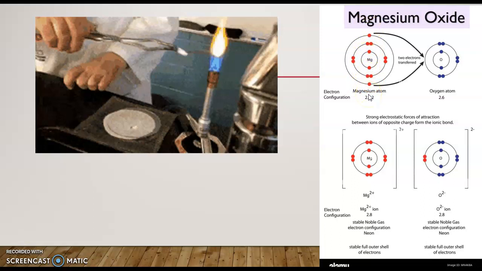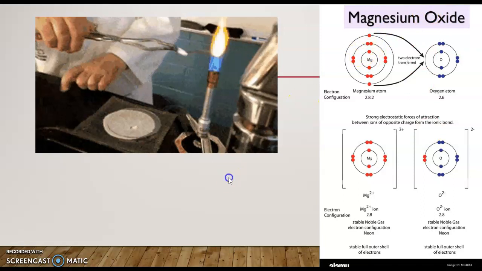It's a metal, so it loses electrons, and these two electrons are transferred to the oxygen, which is a non-metal and needs two electrons to fulfill the octet rule and to have 8 electrons in its outermost shell. So magnesium is transformed into a magnesium ion, and oxygen is transformed into an oxide ion. This one is positive, this one is negative. They attract each other, forming magnesium oxide, which is an ionic compound.